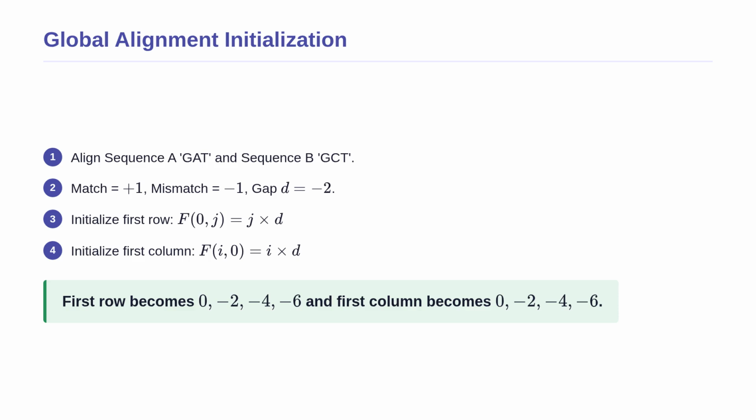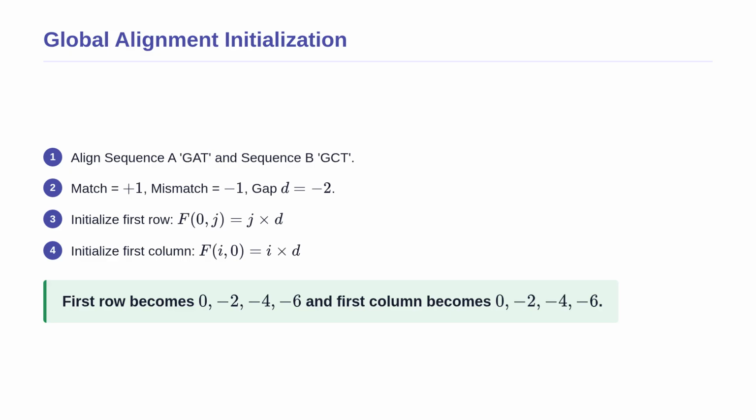Before we move on, let us see this with a concrete example. We want to align two short DNA sequences, GAT and GCT. We are given a match score of +1, a mismatch score of -1, and a gap penalty of -2. First, we set up our matrix and initialize the first row and column.